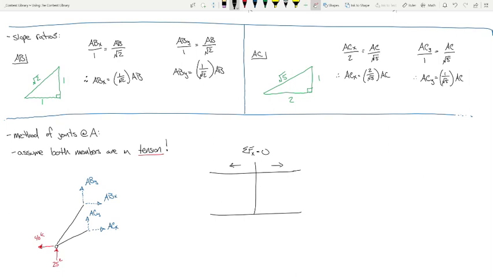So do I have any forces that are going to the left? I got 40 kips, right? So 40 kips is going to the left. What do I have going to the right? What does my free body diagram have indicating going to the right? I have ABX and I have ACX, right? But ABX and ACX, I have answers for.